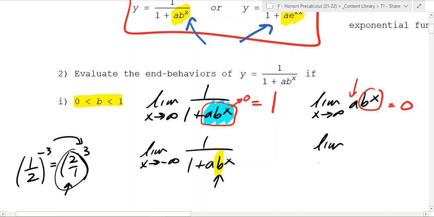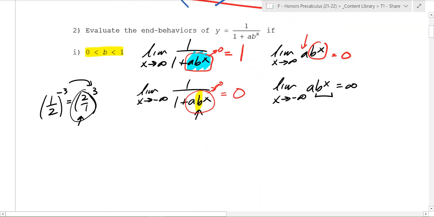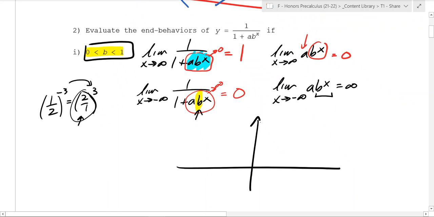So if you're looking at the limit as x goes to negative infinity of a b to the x, this is going to get really big. So this thing is going to go to infinity. If this thing goes to infinity right here, 1 over something huge is going to go to 0. So what that means is when you have b between 0 and 1, here's what the end behaviors look like when you graph these.